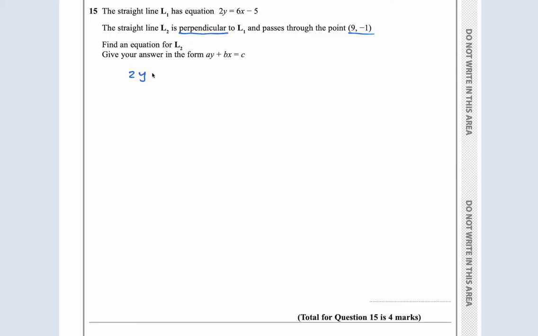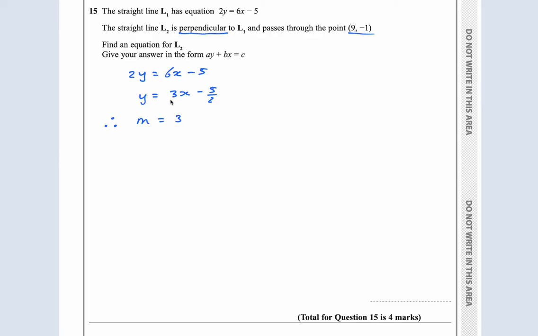To find the gradient of L1, I have to rearrange this. So I have to say y equals divide by 2. So that gives me 3x minus 5 over 2. So I divide this by 2, 3x, and this by 2, 5 over 2. Hence, or therefore, this is a fancy way to write therefore, m equals 3.